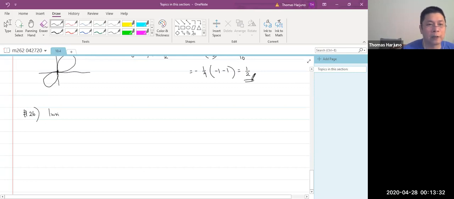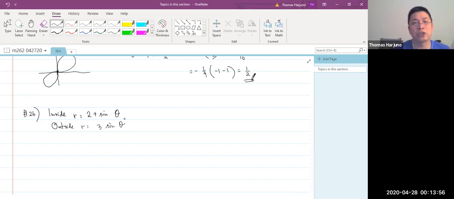Inside r equals 2 plus sine theta, and outside of r equals 3 sine theta. That's number 26. Let's sketch the graph.